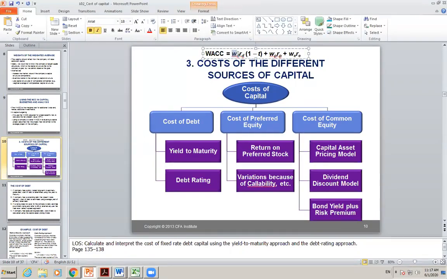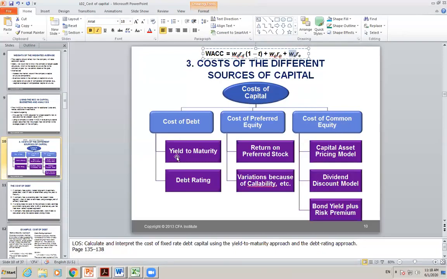This weighted average measures the proportion that is multiplied by the cost of debt, and the cost of debt should be adjusted to the tax rate. Then the proportion of preferred equity is multiplied by the cost of preferred stock, and the weighted average of equity is multiplied by the cost of common equity.